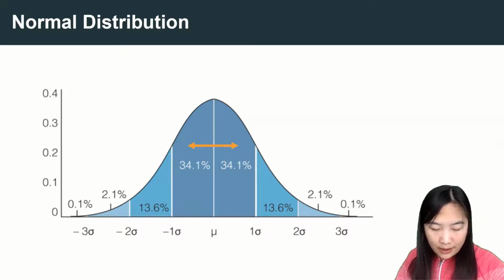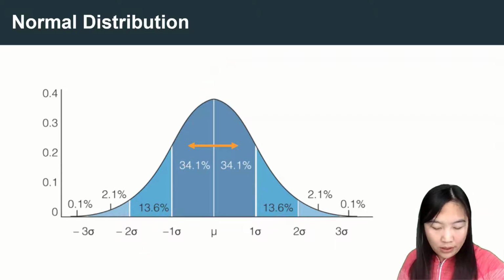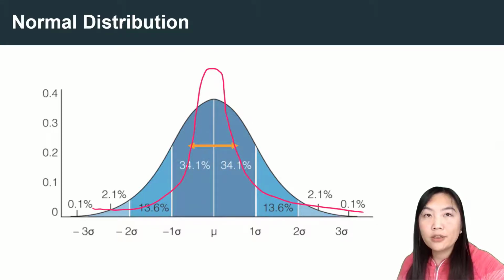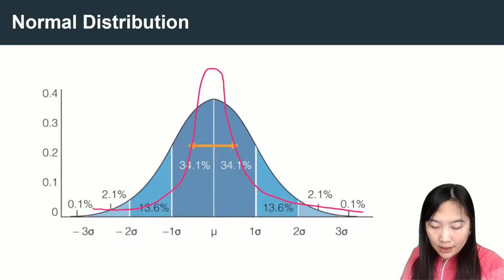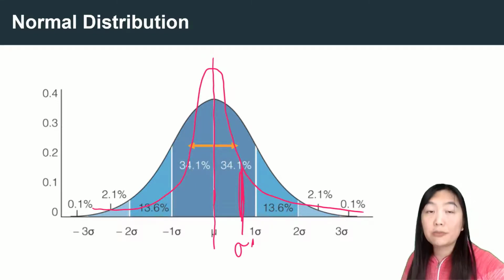Imagine you have another normal distribution, like this. For this distribution, in order to have 34.1%, assuming this is again the mean, this is sigma, let's say sigma prime.